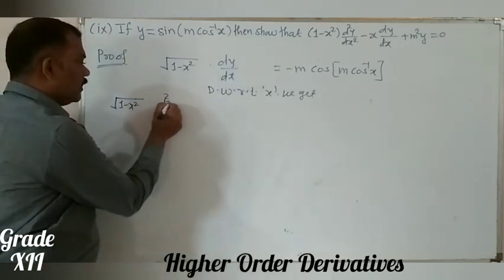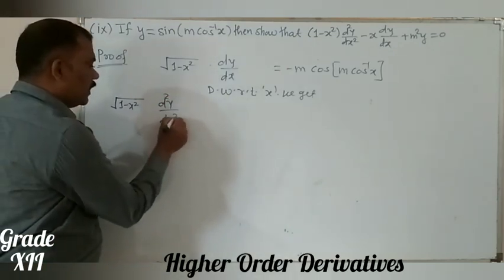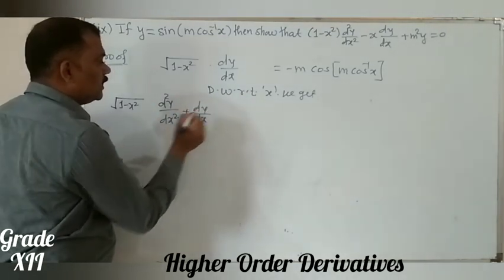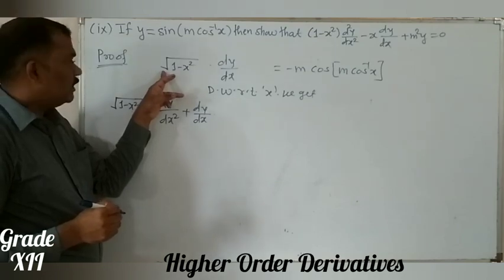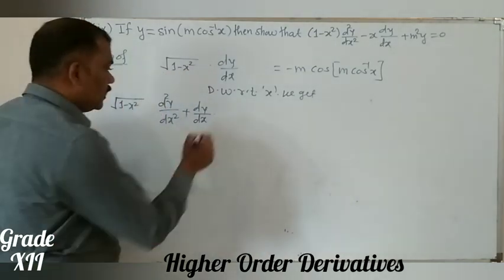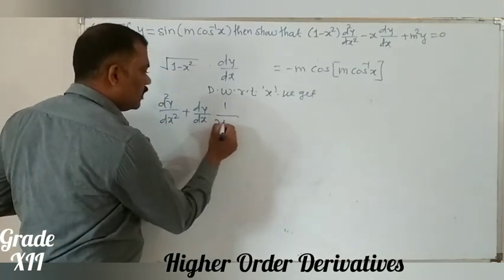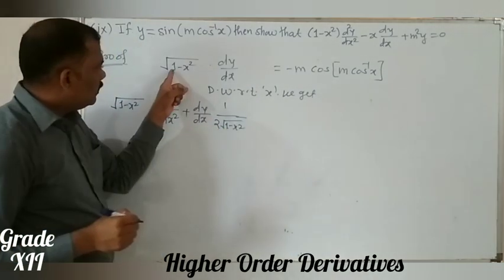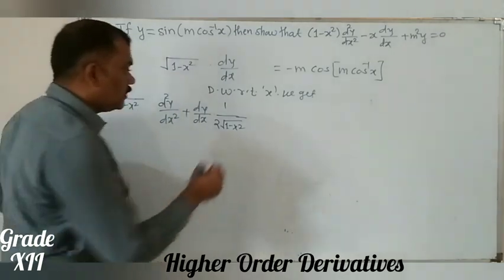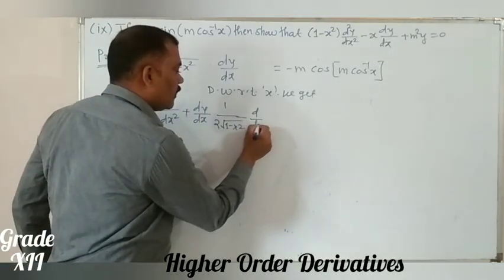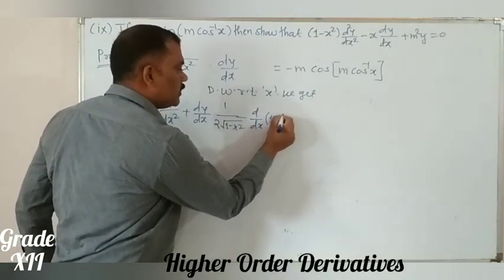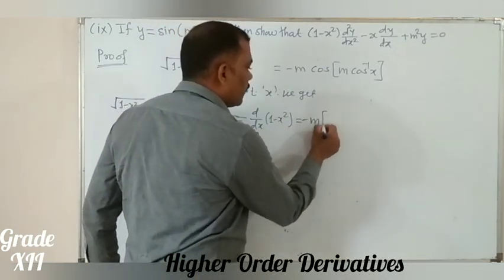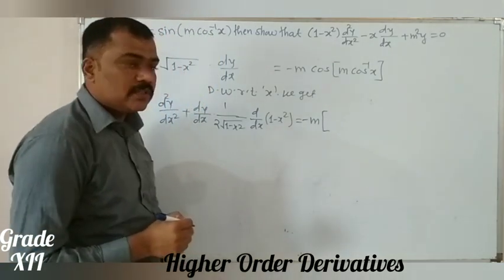It is nothing but d2y by dx square, plus second function as it is, dy by dx, into derivative of first function. What is the derivative of the root? It is nothing but 1 upon 2 times under square root of 1 minus x square, into the derivative of 1 minus x square, that is d dx of 1 minus x square, is equal to the minus m is a constant, so we take it outside the derivative.